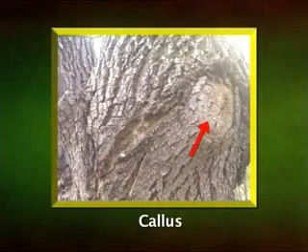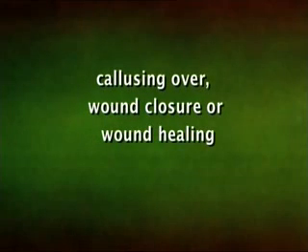This wound tissue is called callus, and the phenomenon of covering the wound is called callusing over, wound closure or wound healing. These wounds can also trigger decay, so trees also compartmentalize the wound area, separating it from the rest of the tree by both anatomical and physiological mechanisms.